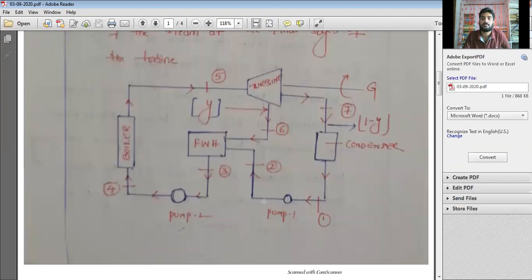So 1 minus Y is the amount of steam extracted at state 7, and Y is the steam extracted at state 6. Based on this, I can write the equations. Boiler, turbine, feed water heater, pump 2, pump 1 and condenser. Here the steam extracted is called Y, and here the steam extracted is called 1 minus Y.